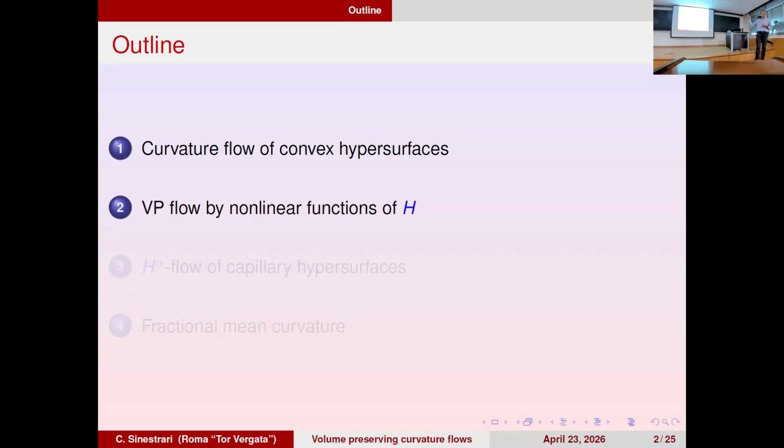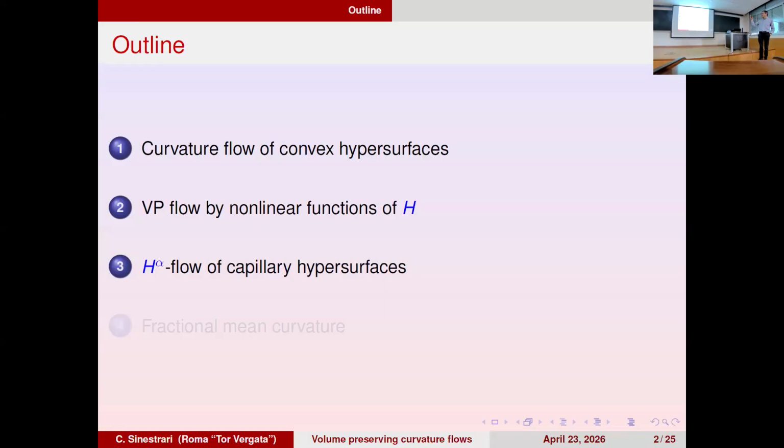So I will give details on the first one, and I will quickly mention the other 2, which are more recent, but the strategy is clearer in the first example.